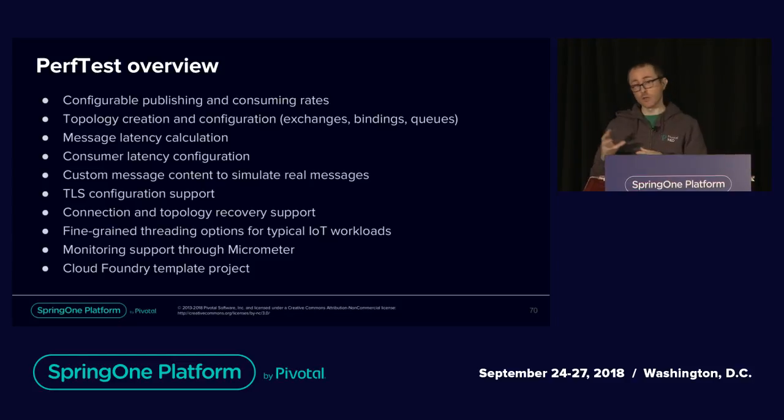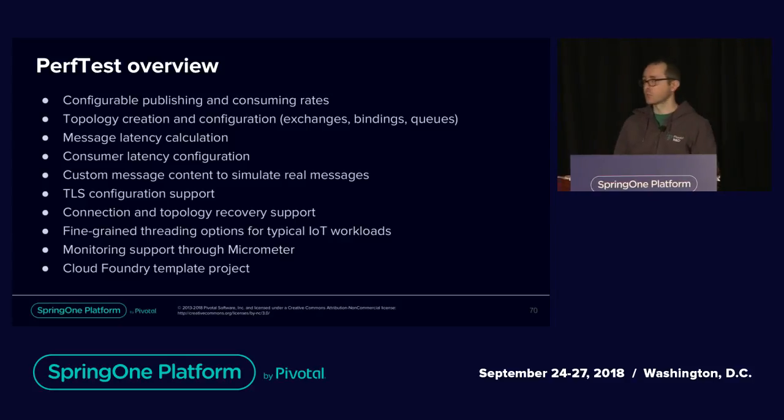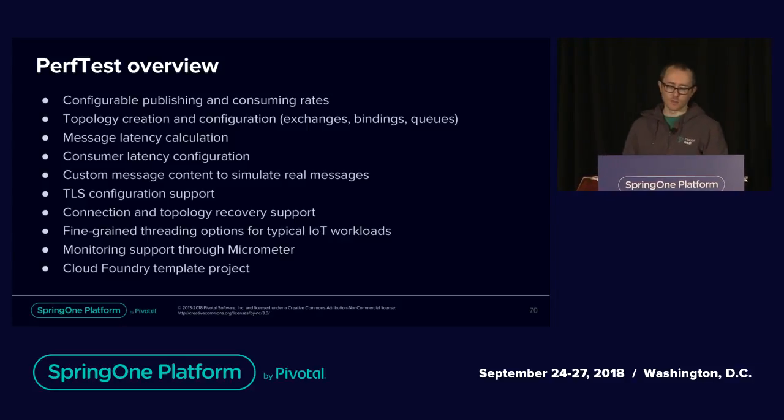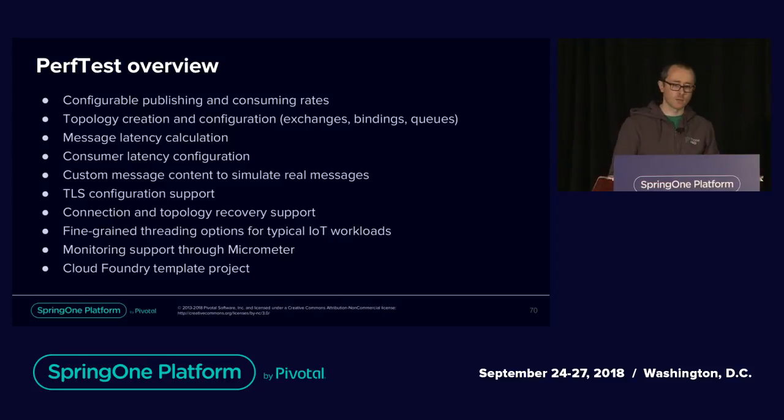You can configure the size of your messages or also get the content of your messages from files to have real messaging flowing in the test. It also supports TLS. It can work on flaky networks because it supports connection and topology recovery. There are options regarding threading. We'll come back to this later.